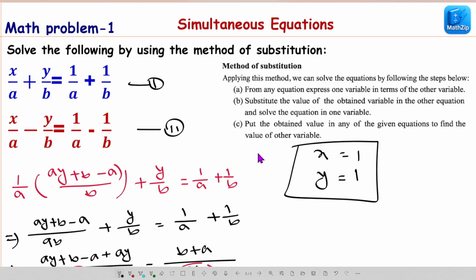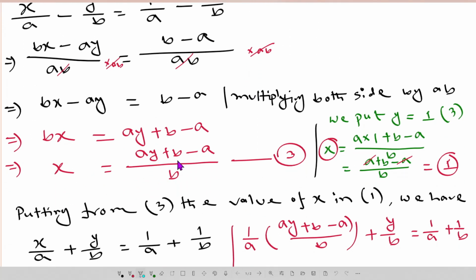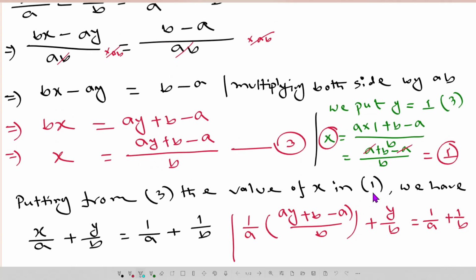So I hope this is clear. In this method we follow these steps. First, from any equation express one variable in terms of the other variable. We already got one variable in equation 3. Then substitute the value of the obtained variable in the other equation and solve the equation in one variable. So in equation 3 we get x equals ay plus b minus a divided by b, which we put in equation 1, right?